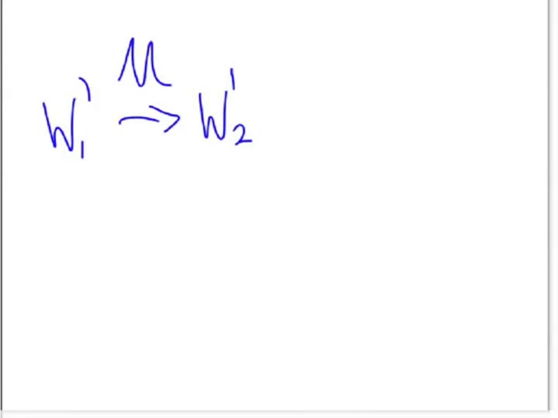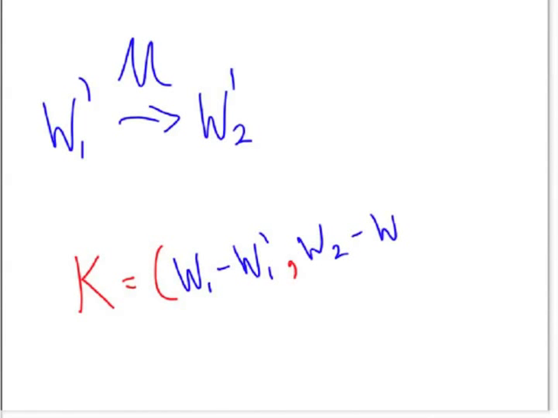If we remove these two j-vertex sets from the original bipartite graph W, we're going to call that graph K. And K is going to be a bipartite graph with W sub 1 minus W sub 1 prime, and W sub 2 minus W sub 2 prime.